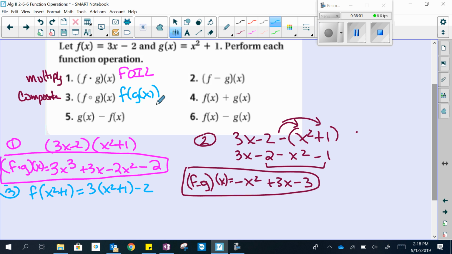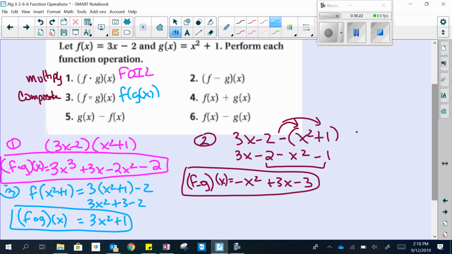F of g of x, yeah. It's like an of. So then we distribute, so you'd have 3x squared plus 3 minus 2. Then you would finally get 3x squared plus 1. So f of g of x equals 3x squared plus 1. Are we seeing how this is working?